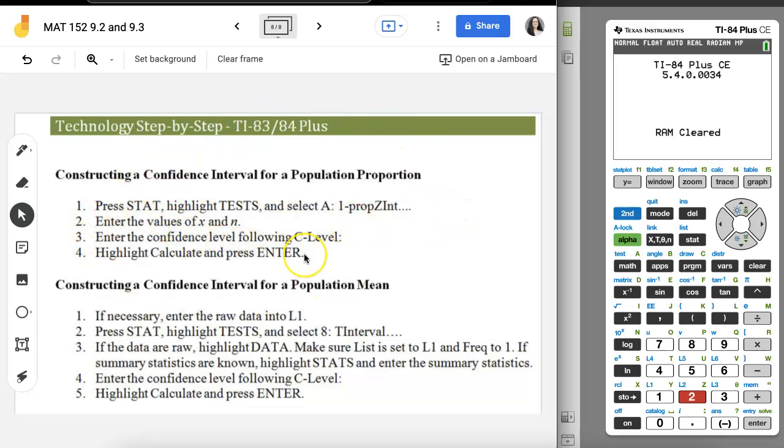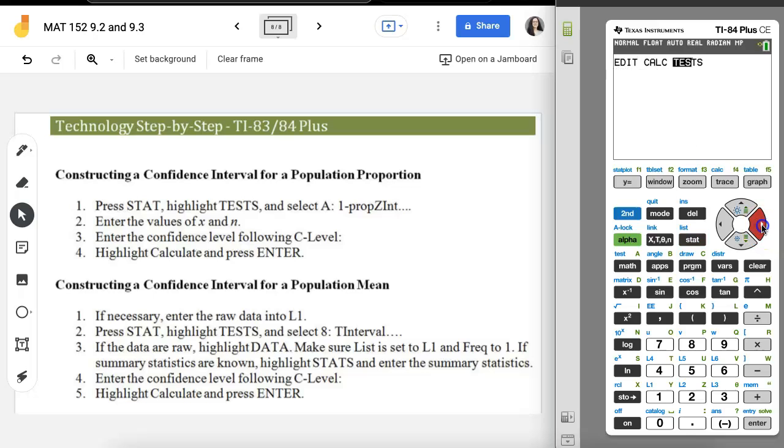We're constructing a confidence interval for population proportion. So I'm going to switch back and forth between screens here, but I'm going to perform this particular test by going to Stat, go over to Test. Now it is option A. I like to get there by scrolling up, but this option is short for one proportion Z interval.